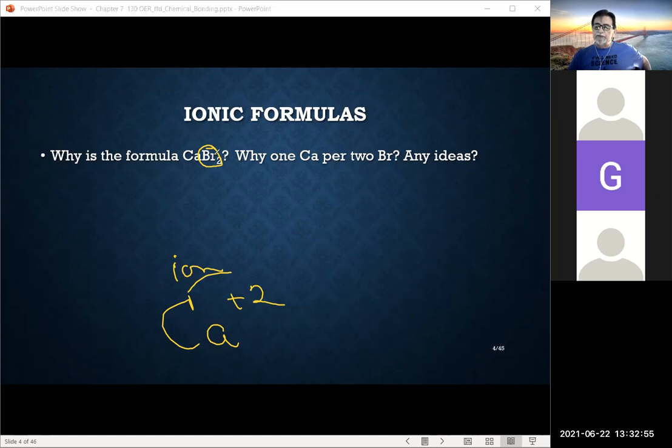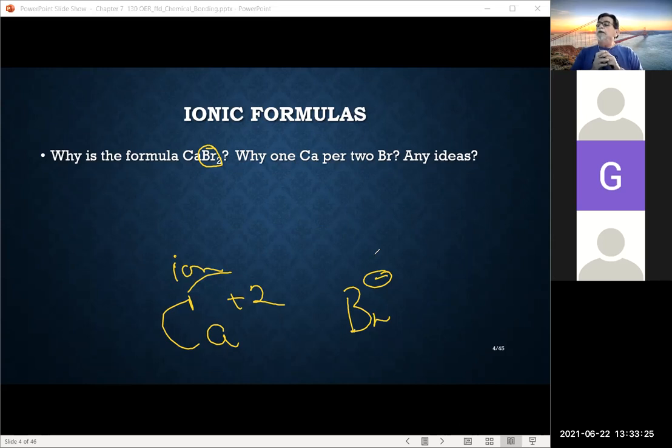Being in group 7 and being a non-metal, it will gain an electron, specifically 1 electron, because gaining 1 electron makes it a negative ion, because it's a non-metal, okay? And it has 7 valence electrons as bromine, which means it has room for 1 more. Remember, the driving force is to become an octet, and it gains 1 electron.